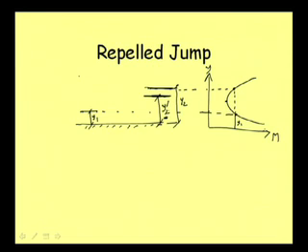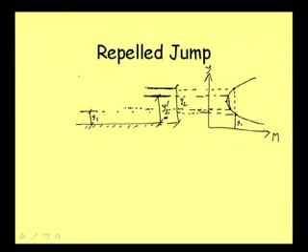So, if this is the sequent depth, then we can see that y1 should have been this one, and only if this is the y1 depth can the flow jump. So, the corresponding initial depth is this one. What will happen?